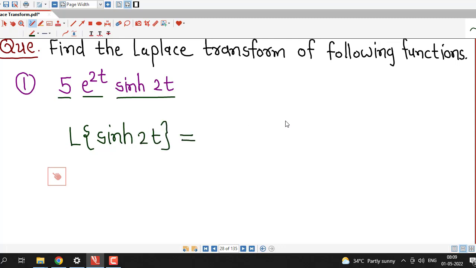The Laplace transform of sine hyperbolic at is given by a divided by s square minus a square, and here the value of a is 2.